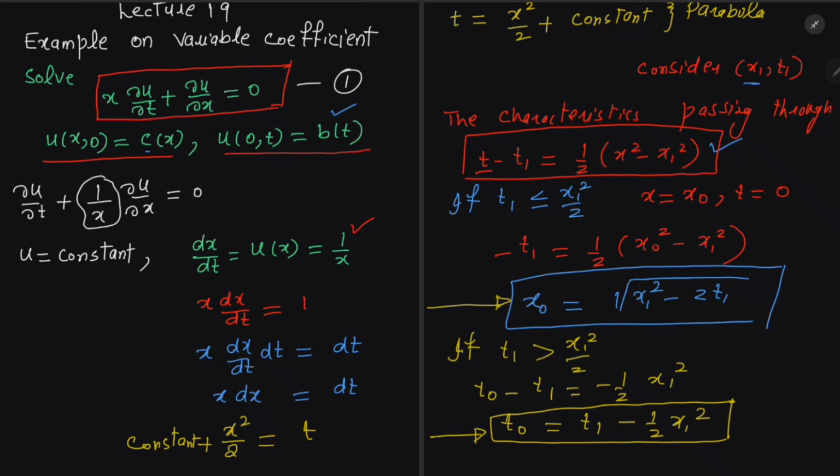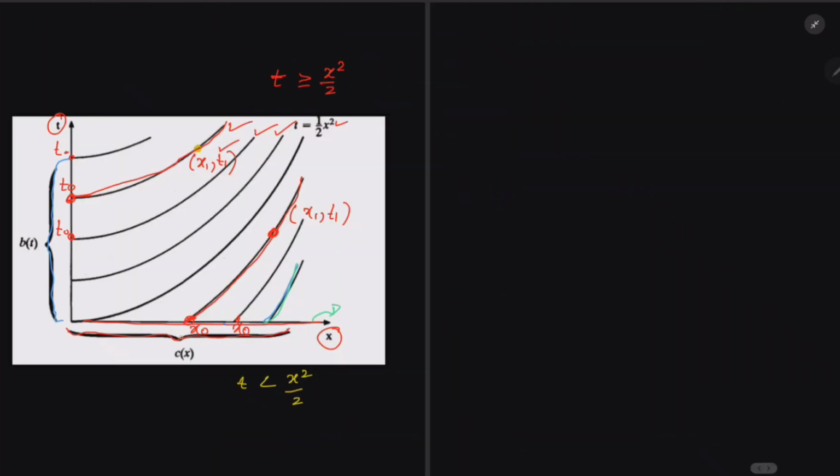If you don't understand that, then I request you to watch the video again and try to understand this concept. This is very important. It means that when we have x naught, then you have to use c of x. When we have t naught, then we have to use b of t.